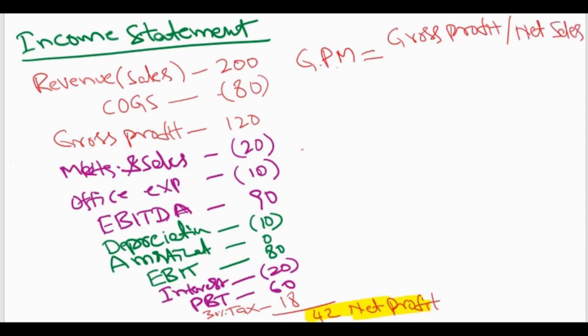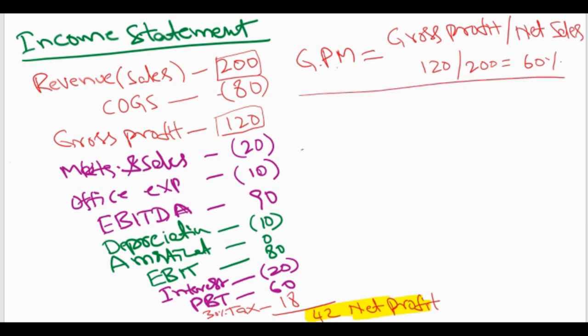Gross profit here is 120, divided by net sales of 200, equal to 0.6, which is 60%. So gross profit margin is 60%.